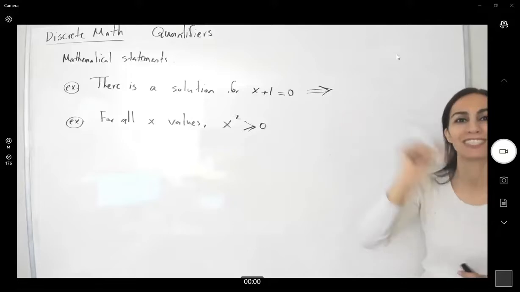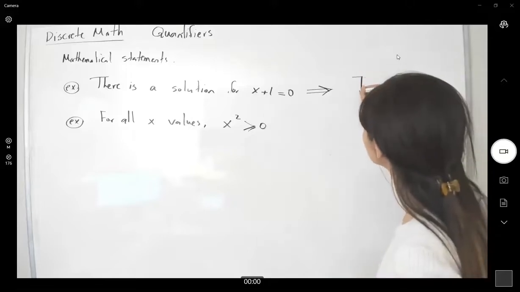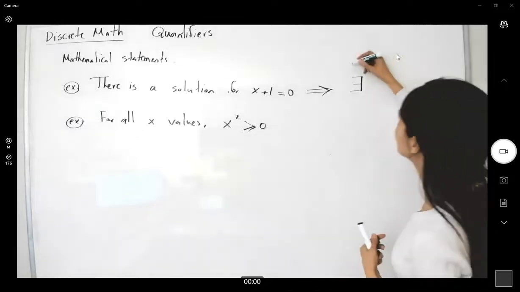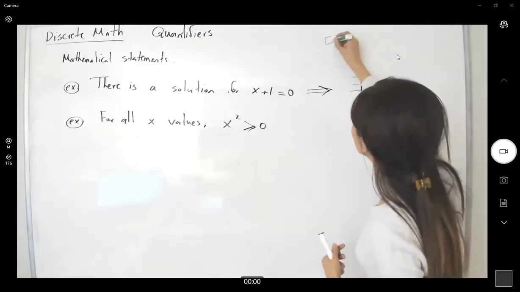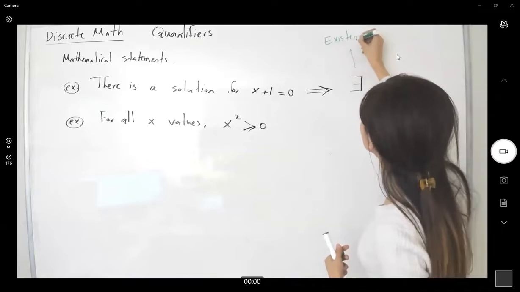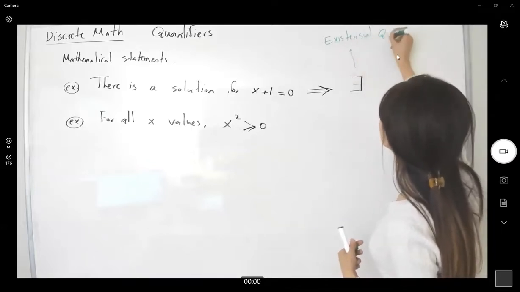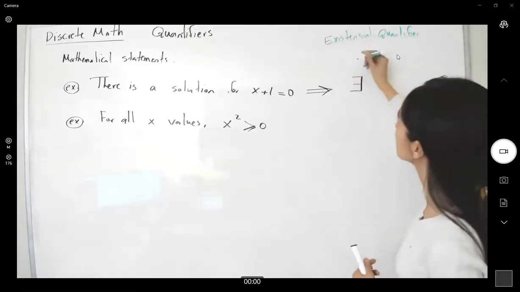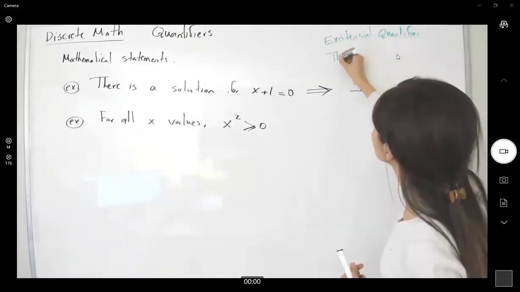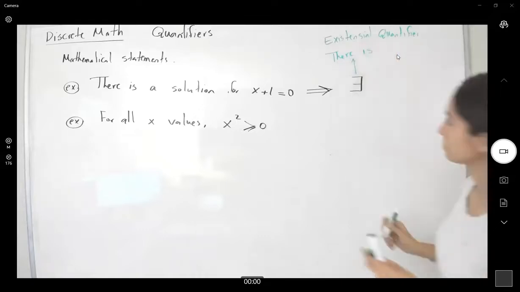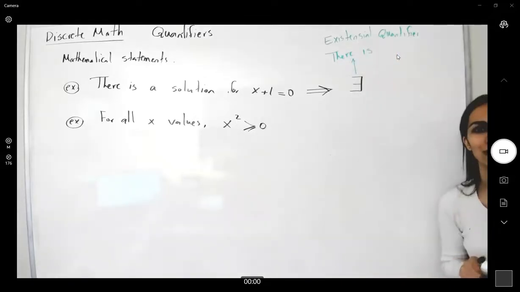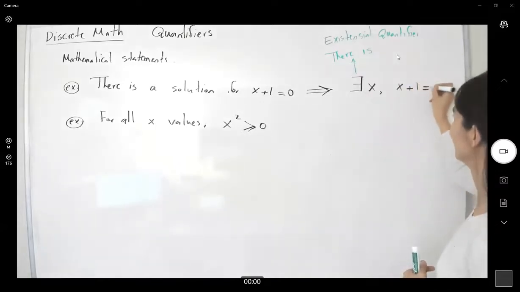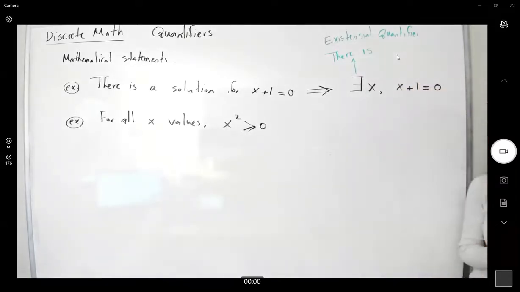It is a flipped capital E. We read it as there is: there is one x value such that x plus 1 is equal to 0.